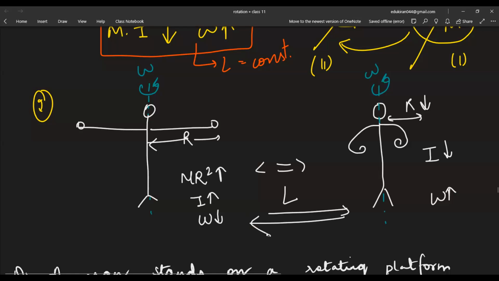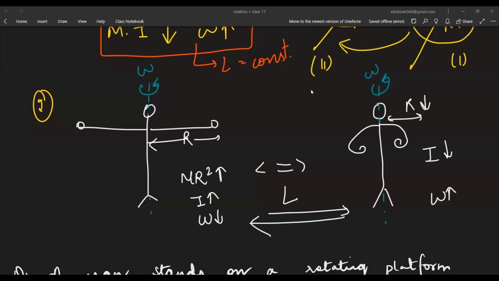Tell me, any doubts in this? Any part you want me to repeat? Ma'am, if the radius decreases, the mass will also decrease. Which one, Zainab? In the second case, the radius is decreased, right? Radius has decreased.